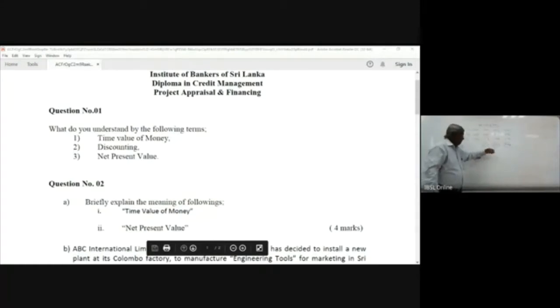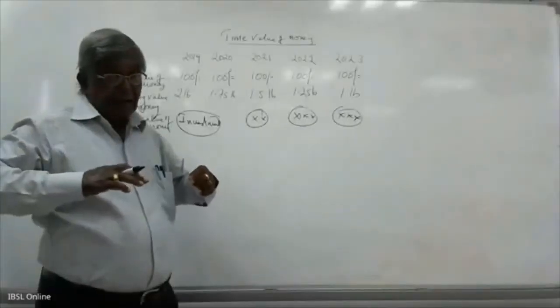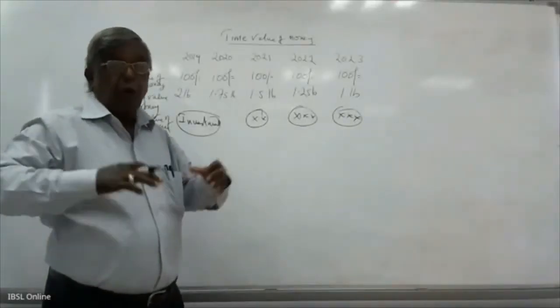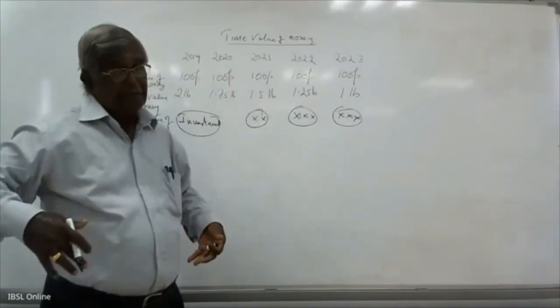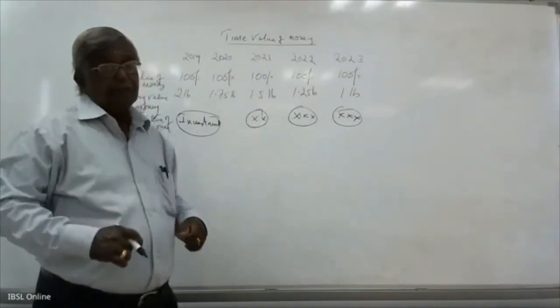So we must see, for the investment we are making now, whether what we are getting in future is sufficient to cover this investment, or more than this investment, or less than this investment in real value.